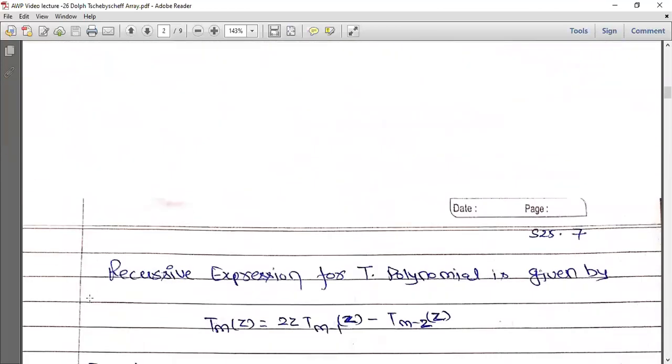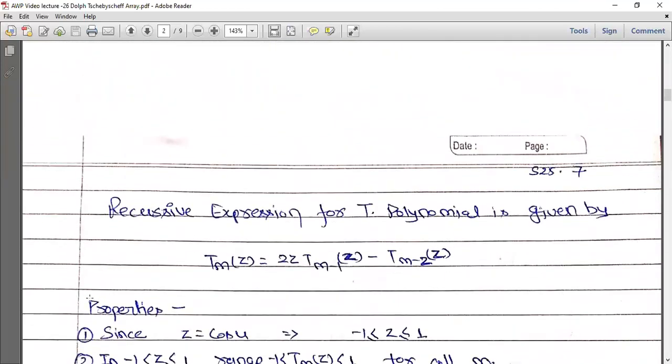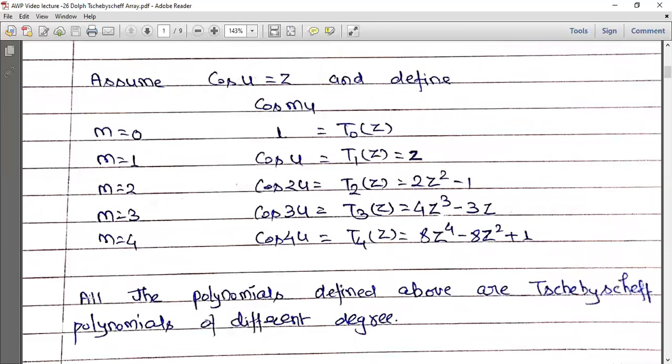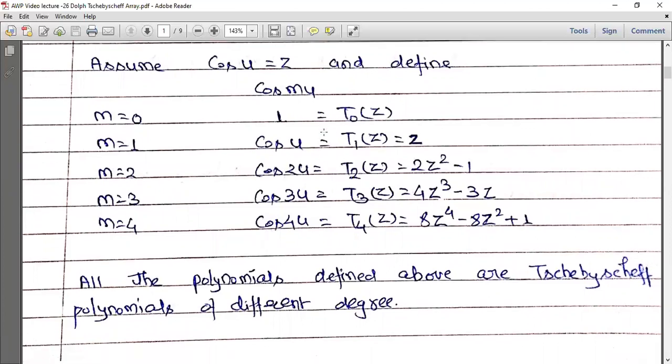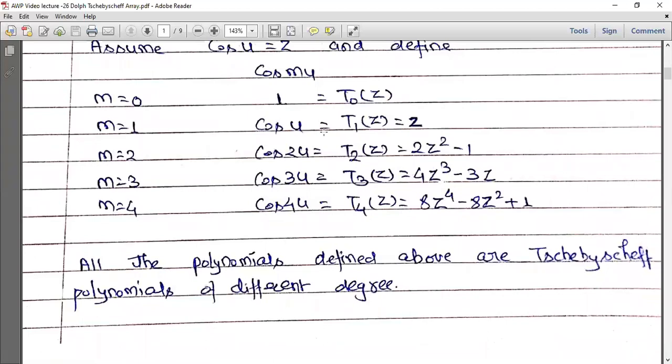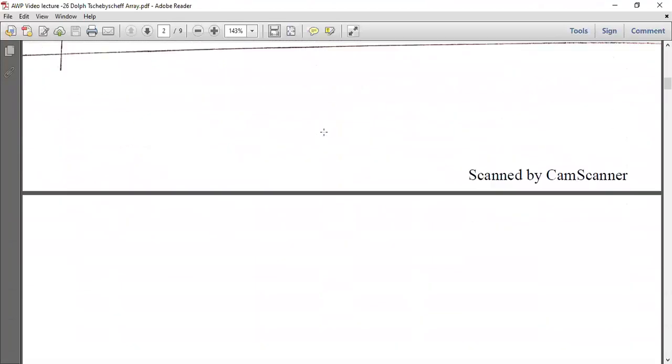Then if you look for how to find these polynomials, it is better to look in terms of cosine functions. Then you can reach the result more easily. Every one of these Chebyshev polynomials can be found recursively using some of the previous polynomials.